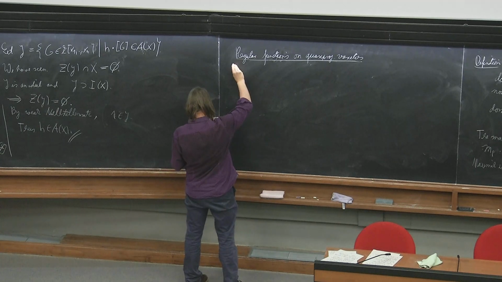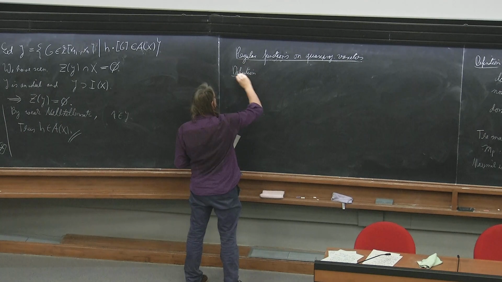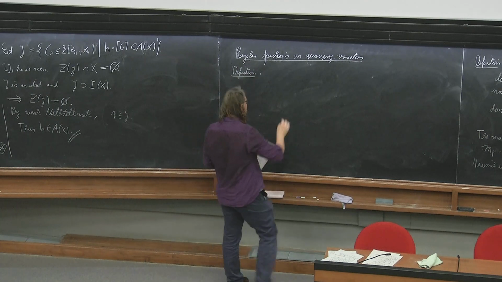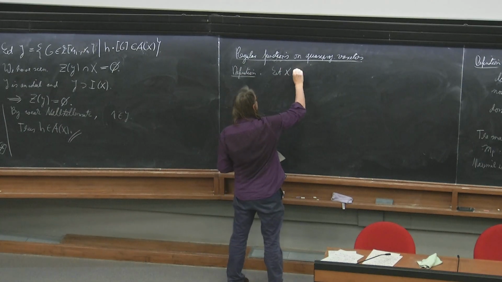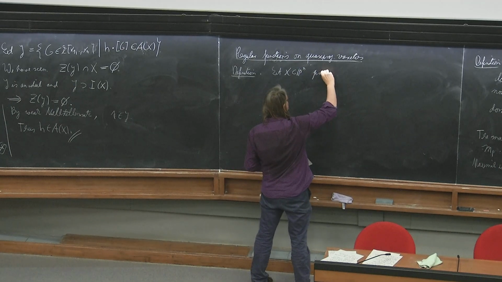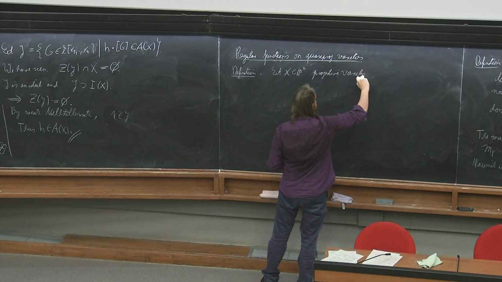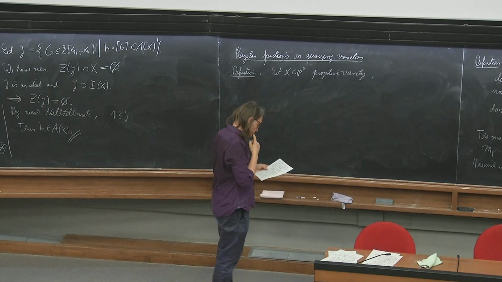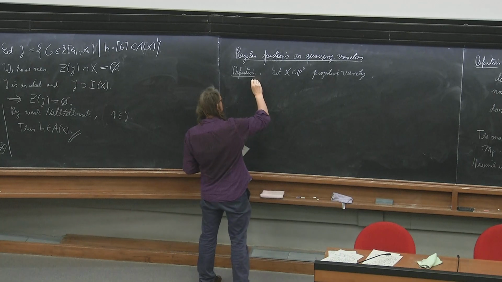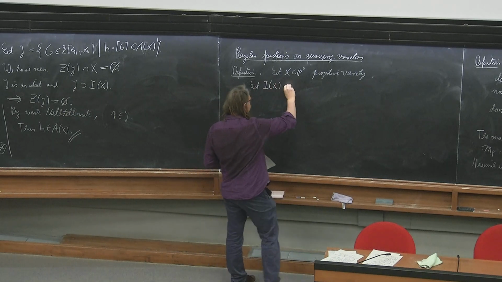So again, definition, basically the same story. Let X in P^n be, say, a projective variety, and let I(X) be its homogeneous ideal.